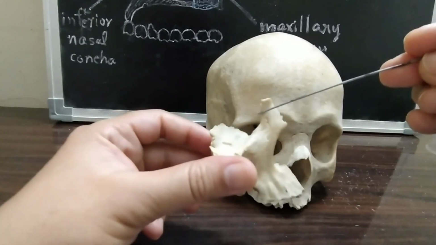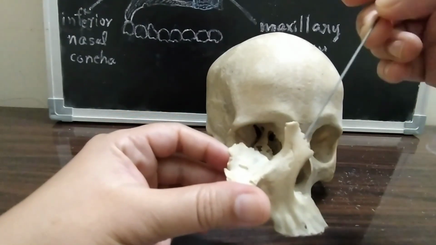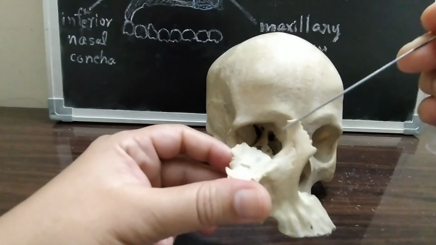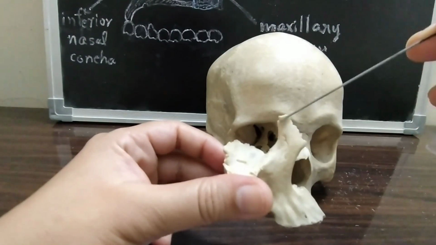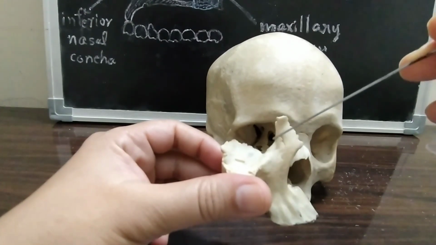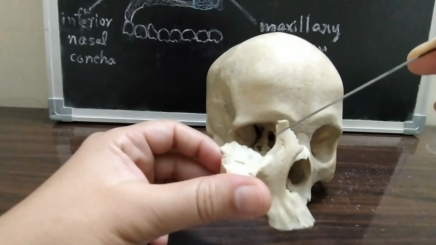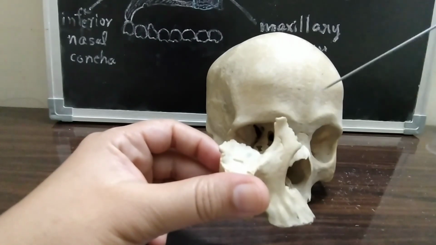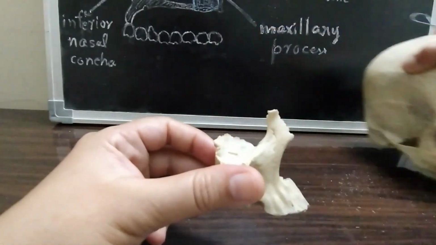Now this lateral surface is divided into two parts, the anterior part and the posterior part. This anterior lacrimal crest gives attachment to the lacrimal fascia and the medial palpebral ligament, and above and below it the orbicularis oculi muscle.